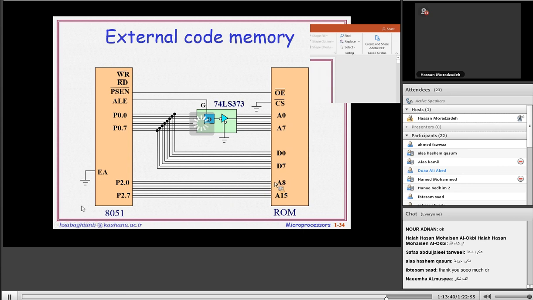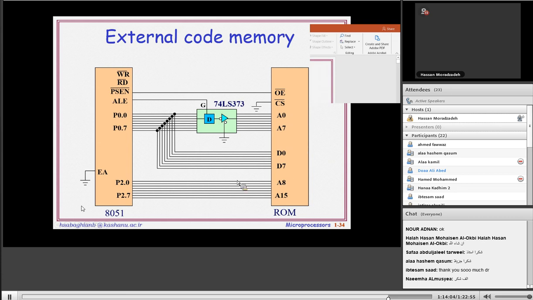Next slide: overlapping external code and data spaces. That means a RAM can be used as data or as code. For increasing flexibility, you can use this structure.